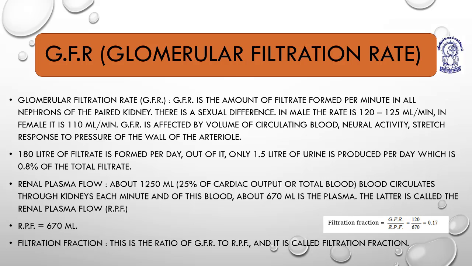The GFR is the amount of filtrate formed per minute in all the nephrons of the paired kidneys. There is a sexual difference. In males the rate is 120 to 125 ml per minute. In females, it is 110 ml per minute. GFR is affected by the volume of circulating blood, neural activity, and stretch response to pressure of the wall of the artery, that is osmoreceptors.